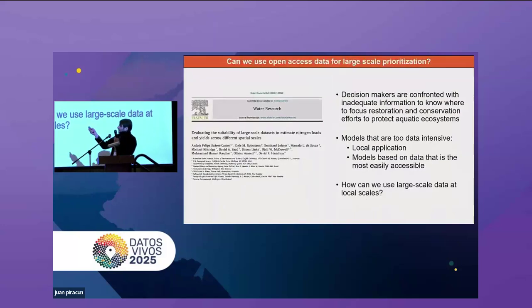So in this study, basically we try to identify one of these problems by looking at one of the main threats to aquatic systems, that is the flow of nutrients that is affecting freshwater systems in different regions of the world. And we evaluated the suitability of large-scale data sets to estimate these nutrients.